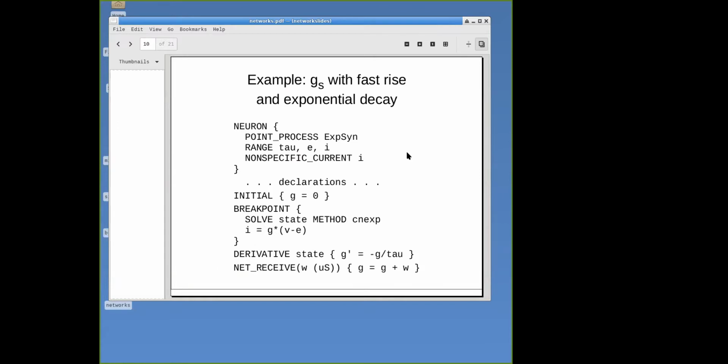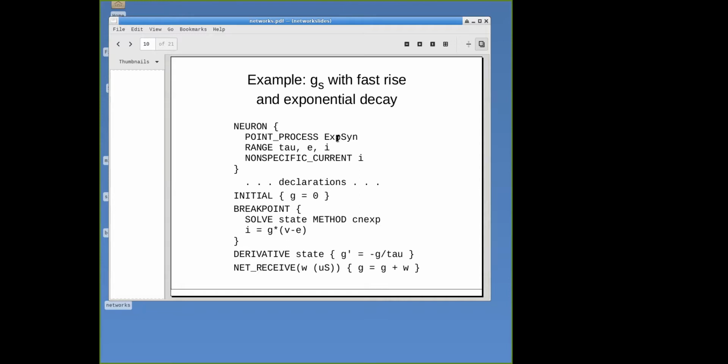All right. Well, let's take a look at the guts of one of these synaptic mechanisms that responds to events. Here's an example, a synaptic mechanism whose conductance has a very fast rise and a mono-exponential decay. And we call this an exp-syn because it has a single time constant that describes its dynamics.